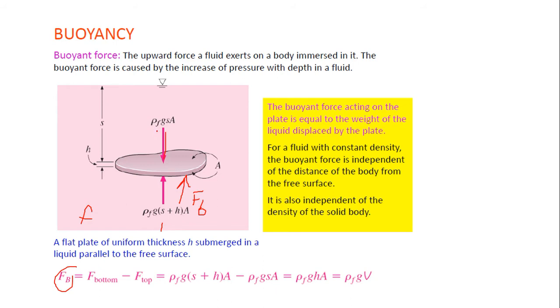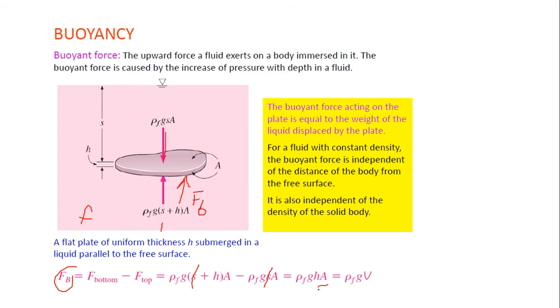So rho of the fluid, similarly g, the same, and the distance S at the top, times A. If you write it in the full equation, you get rho gSA plus rho gHA minus rho gSA. You can cancel out one S term, so you are only left with rho gHA, rho of the fluid times gHA.